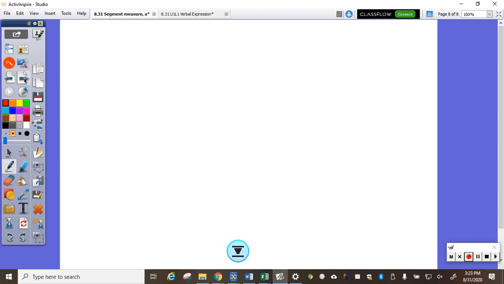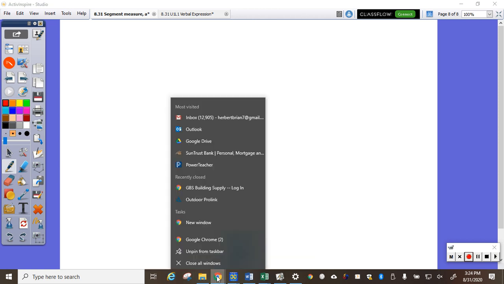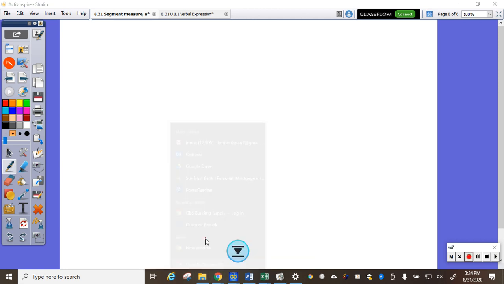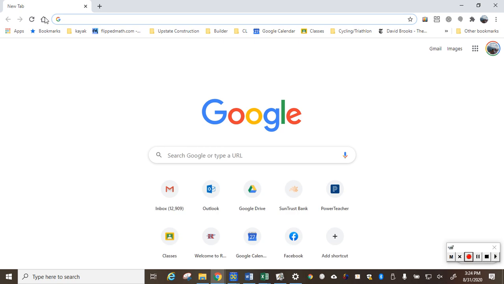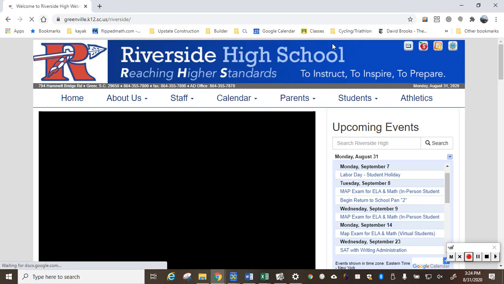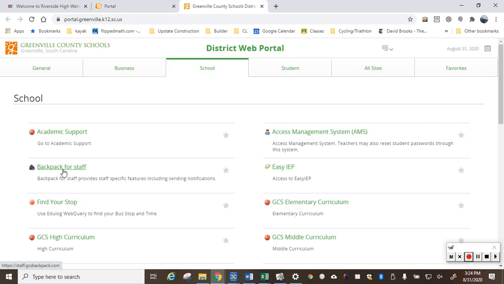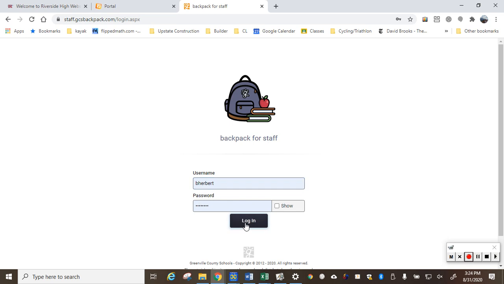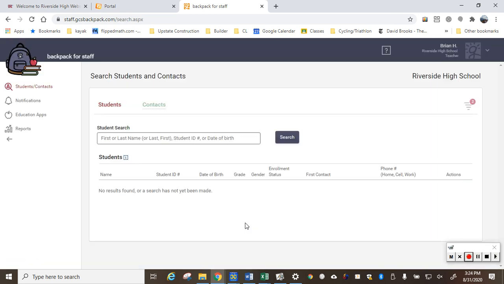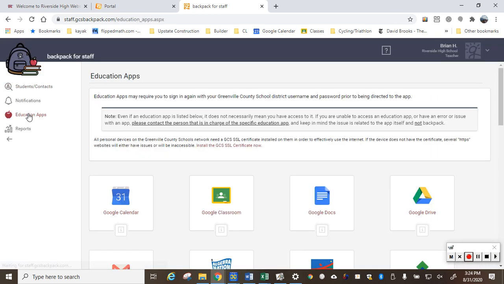Now, your homework for this particular section is going to be found off of your backpack. So if you go into your backpack, go into Education Apps.